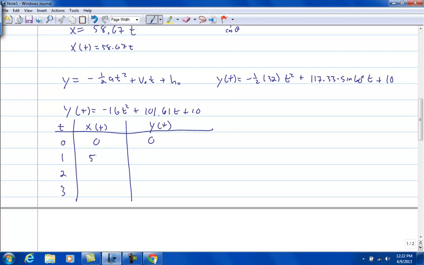Then we're at 58.67, and we're at 95.61.